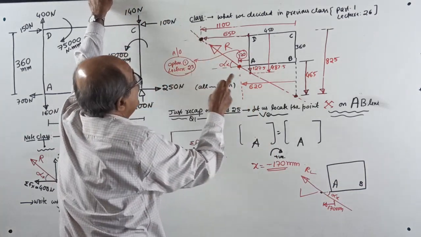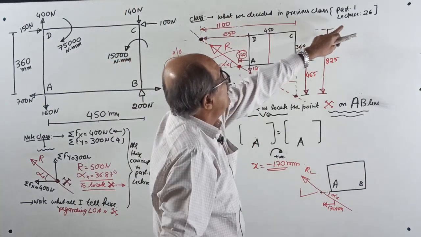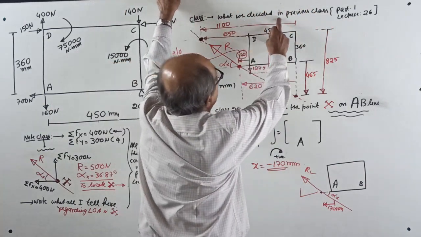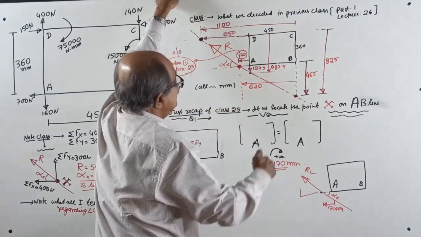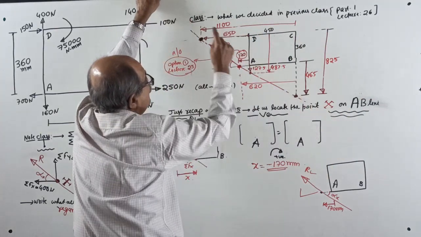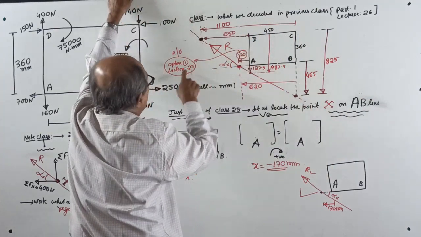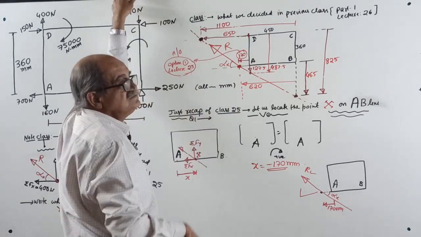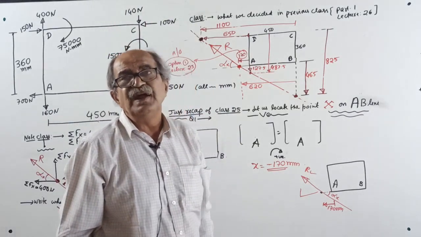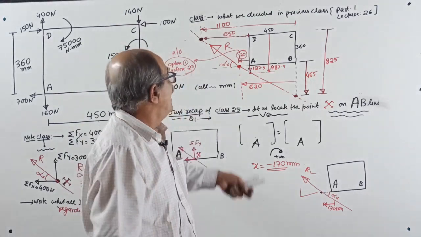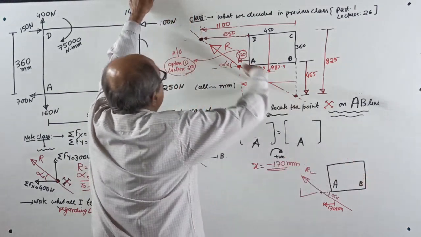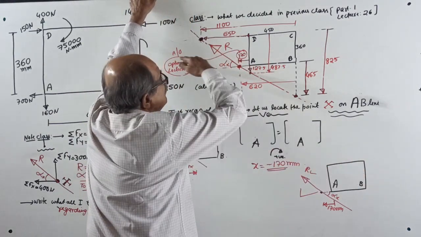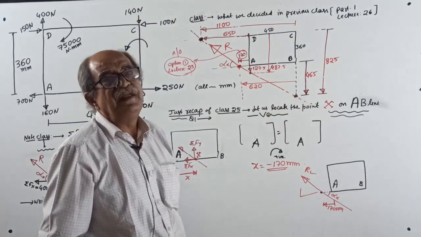Then in class 26, part 1, lecture 26, what we decided in the previous class. See, the resultant is this way. This 170 answer we got in class number 25. Actually the question is over, but you can locate the resultant in so many ways. I told you, the resultant is inclined. It will cut each and every horizontal line and vertical line.